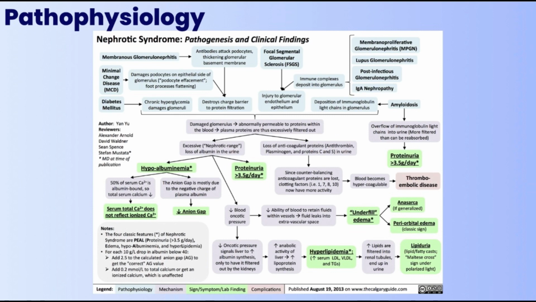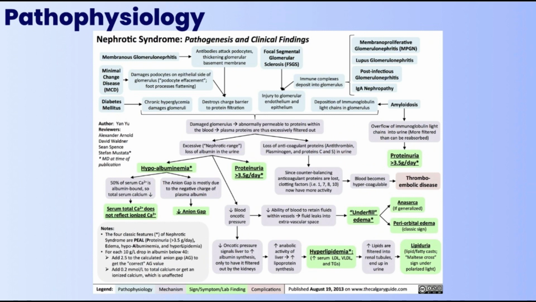First, the membranous glomerulonephritis. This is where antibodies attack the podocytes, which are specialized epithelial cells that cover the outer surfaces of glomerular capillaries. Kapag itong podocytes ay na-damage, yung glomerular basement membrane ay magtithicken, and then this will destroy the charge barrier to prevent protein filtration.